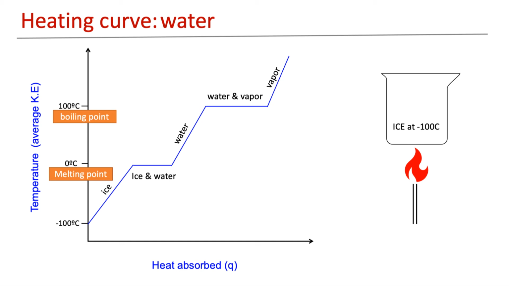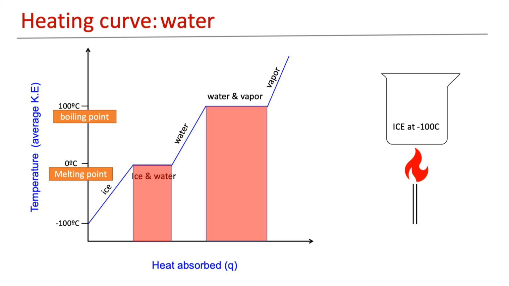So, if you look at the heating curve, we need some heat to convert the solid ice at 0 degrees Celsius to liquid water. This is called enthalpy of fusion or heat of fusion. Similarly, we also need heat to convert liquid water at 100 degrees Celsius to water vapor at 100 degrees Celsius.